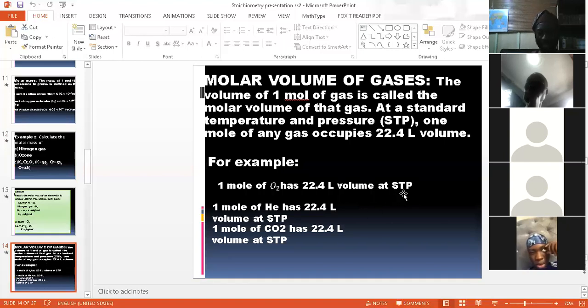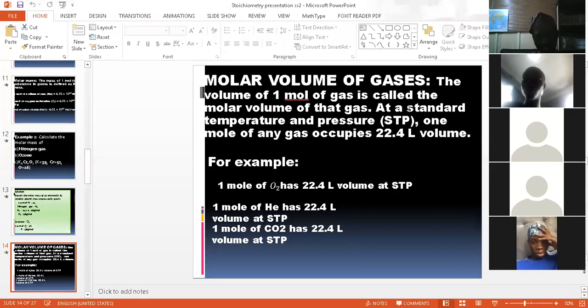Now another term you need to be familiar with as far as stoichiometry is concerned is what we call molar volume of gases, molar gas volume.